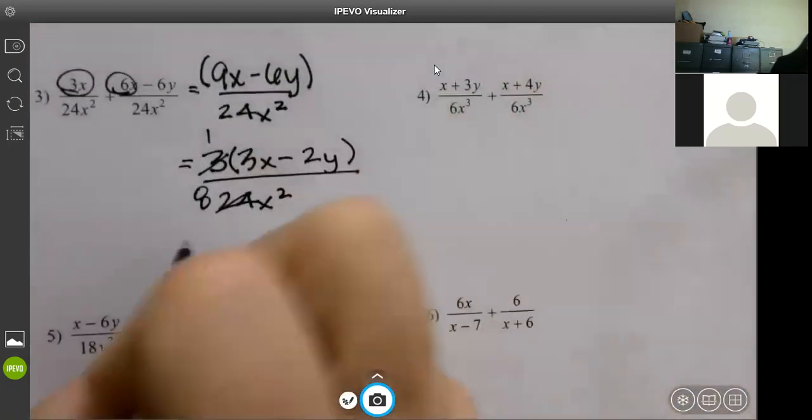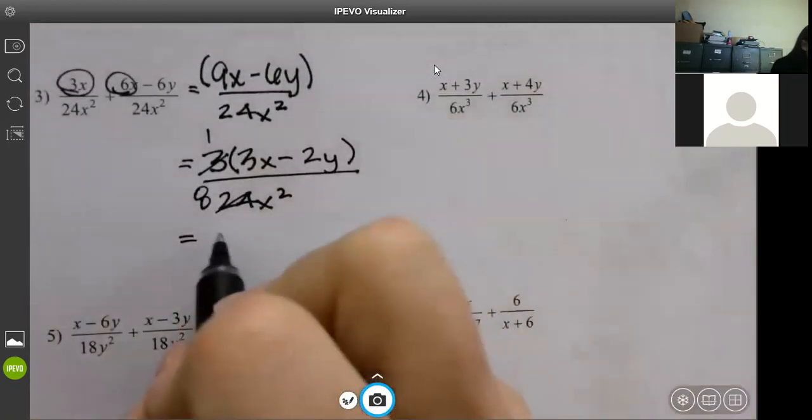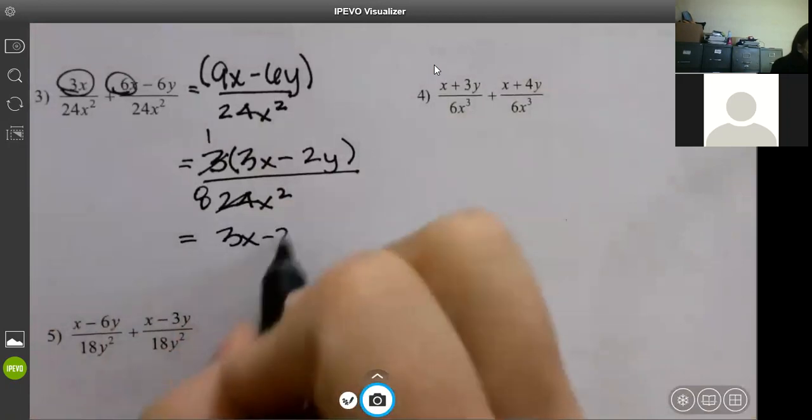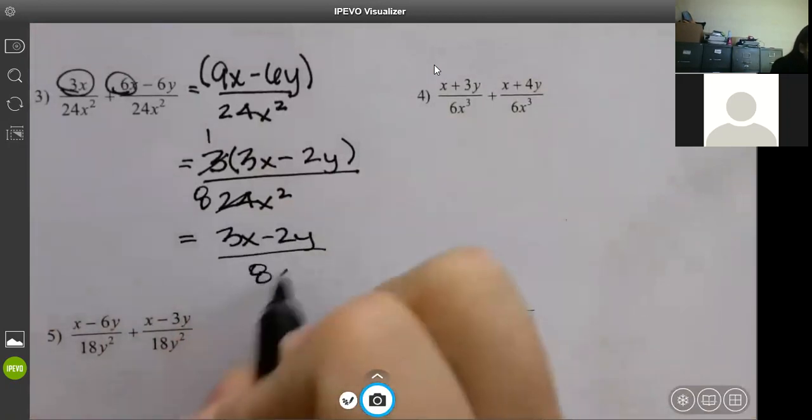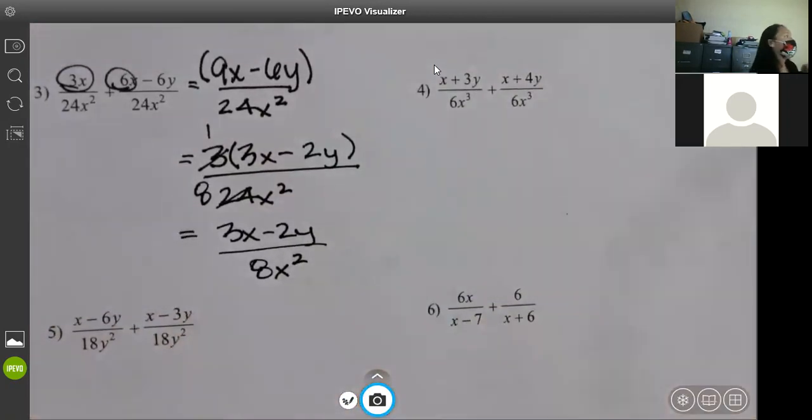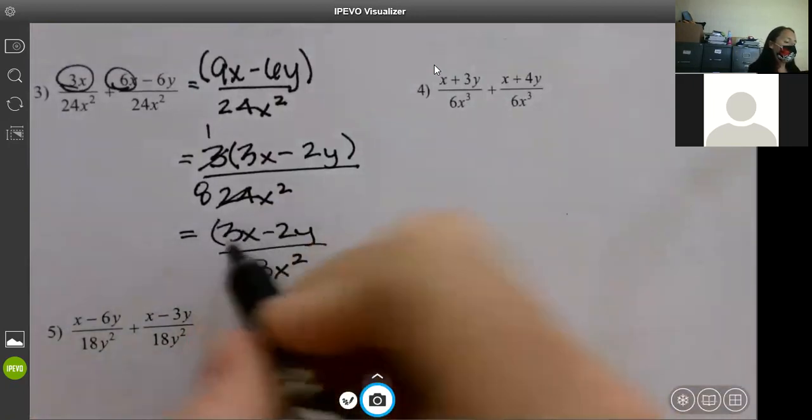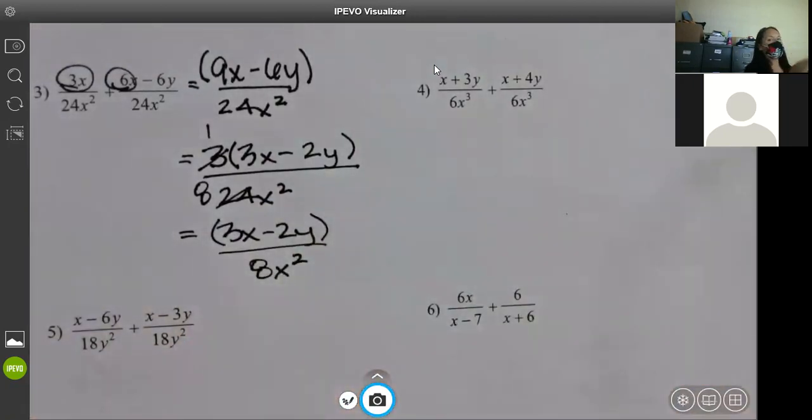No. So what's my final answer? That's it. Okay, again, remember that these two have to stay together. You can't reduce those x's, or you can't reduce the 2 and the 8 because it has to look exactly the same as the top.